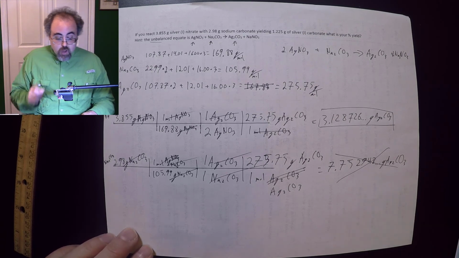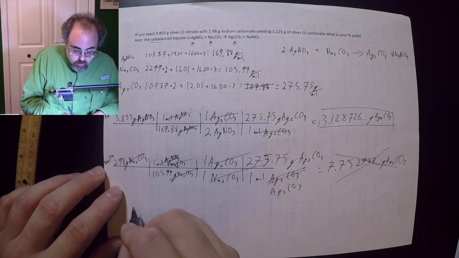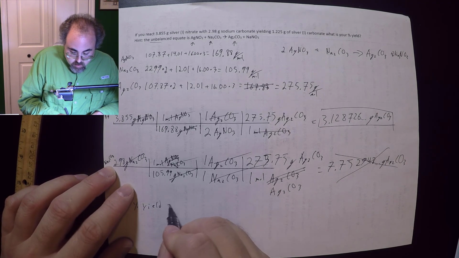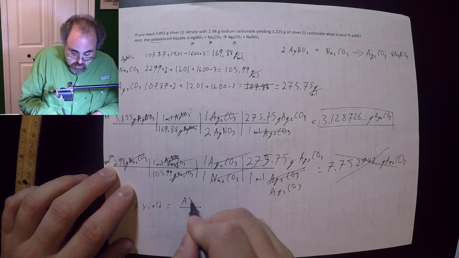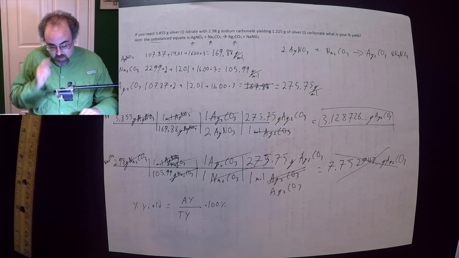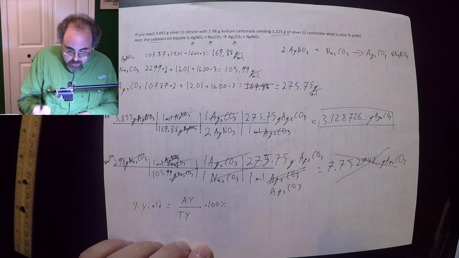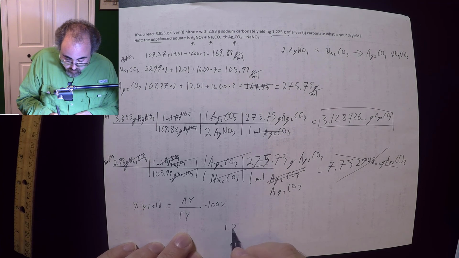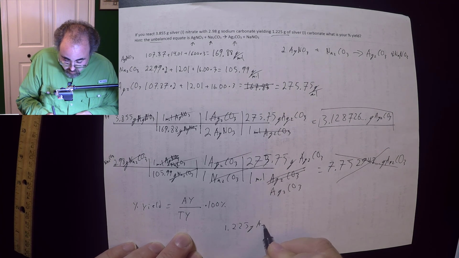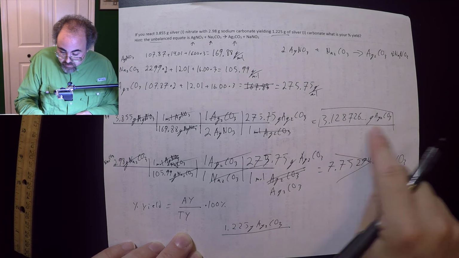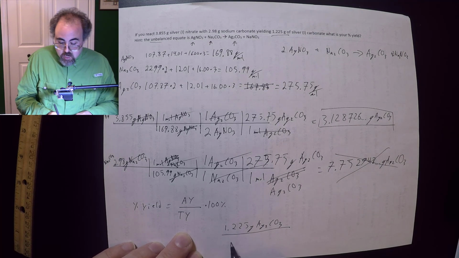It wants percent yield. So percent yield is going to be actual yield over theoretical yield times 100%. Now, this is my actual yield, so I will take 1.225 grams Ag2CO3, because those are the same thing, divided by my theoretical yield, which is now that.